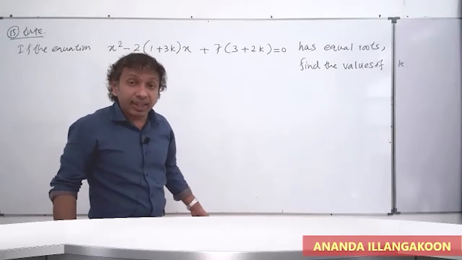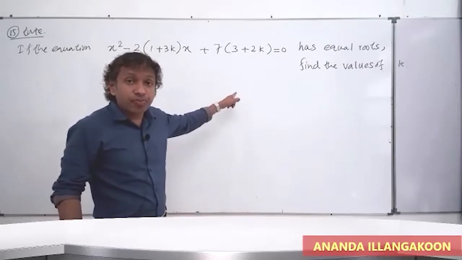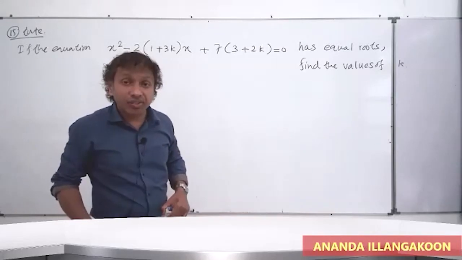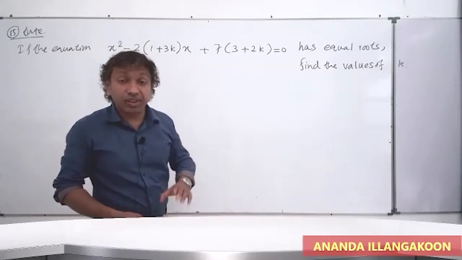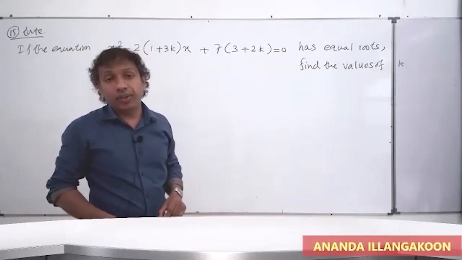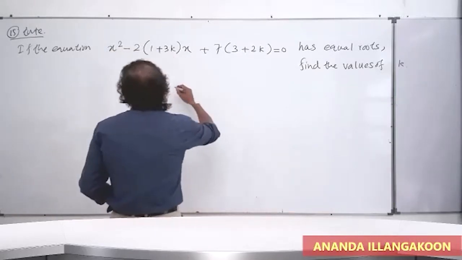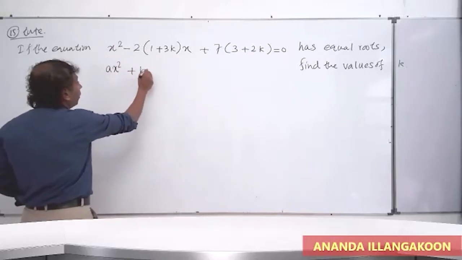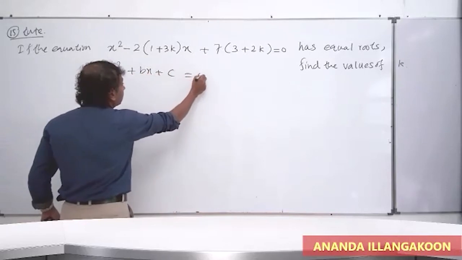There we have to write the discriminant for this quadratic equation. Therefore, we have to compare this with the standard quadratic equation ax squared plus bx plus c and determine a, b, c values to write the discriminant delta. Here we have 1.